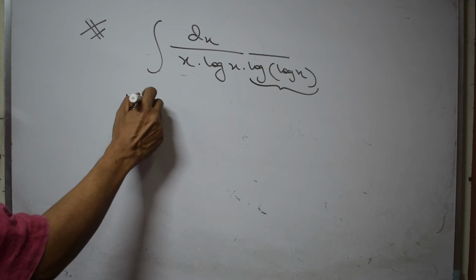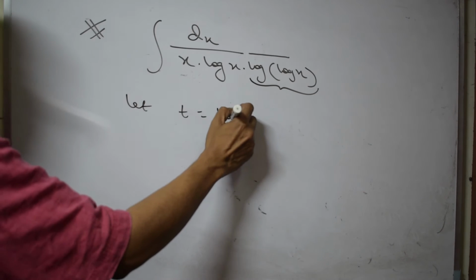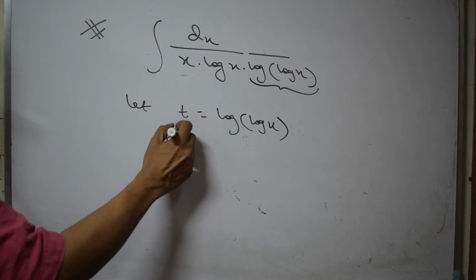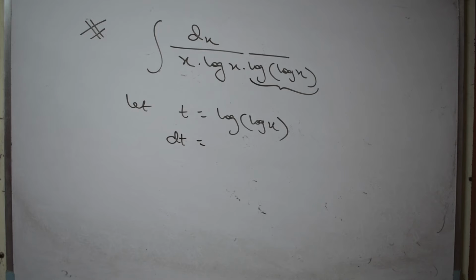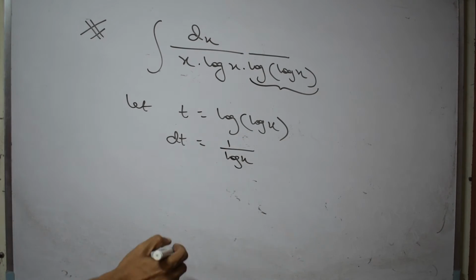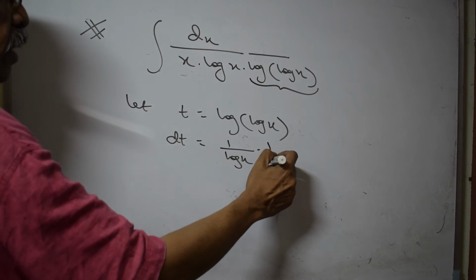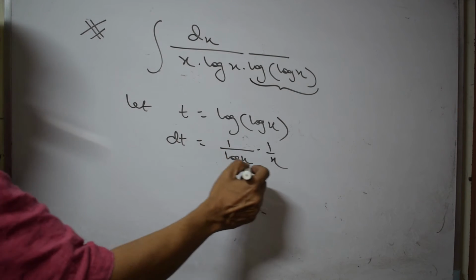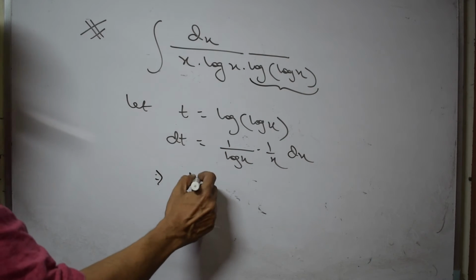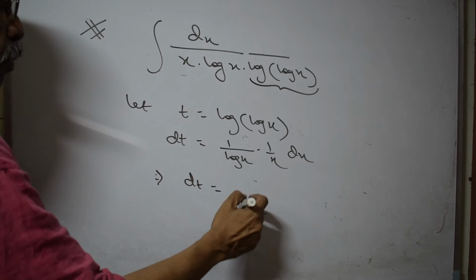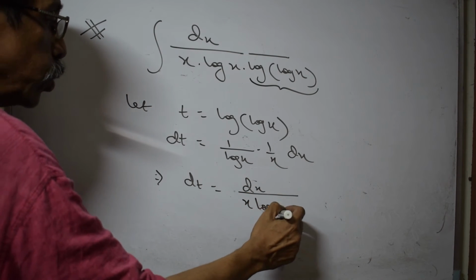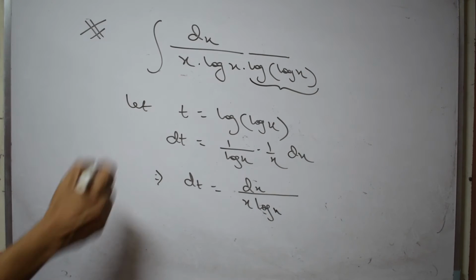That means if I take t is equal to log of log x, then dt by dx actually: log of log x derivative is 1 by log x, then again log x derivative is 1 by x, and that is multiplied with dx. So what you are finding is that dt is dx by x log x, which is clearly observed from here.